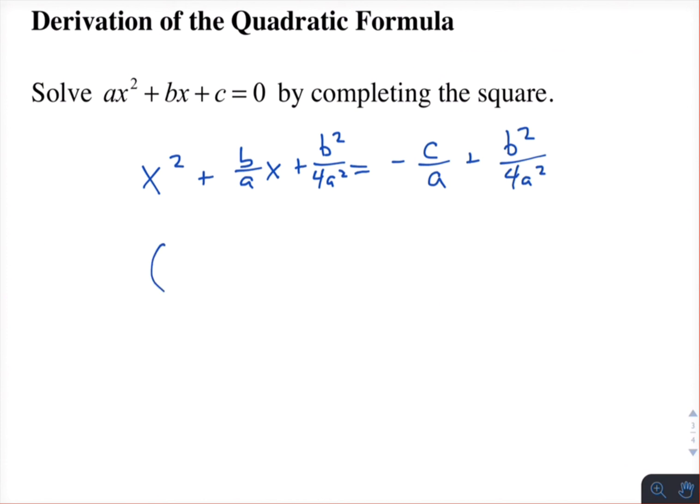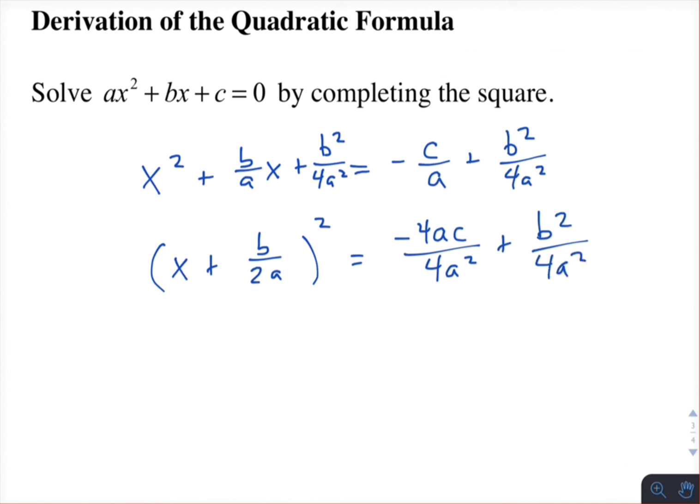So now on the left, I've got x plus b over 2a squared equals, and if I were to get a common denominator here of 4a squared, then that is negative 4ac over 4a squared plus b squared over 4a squared.